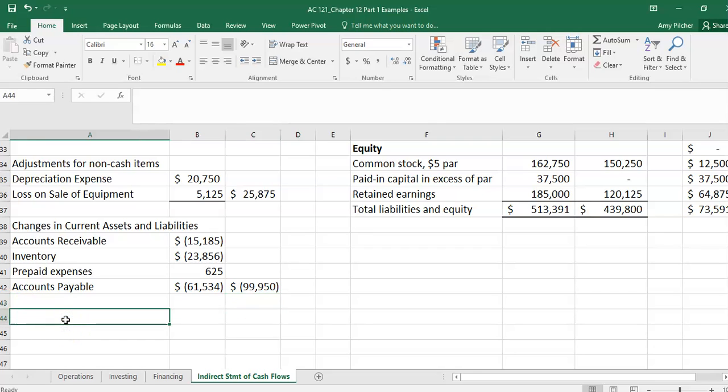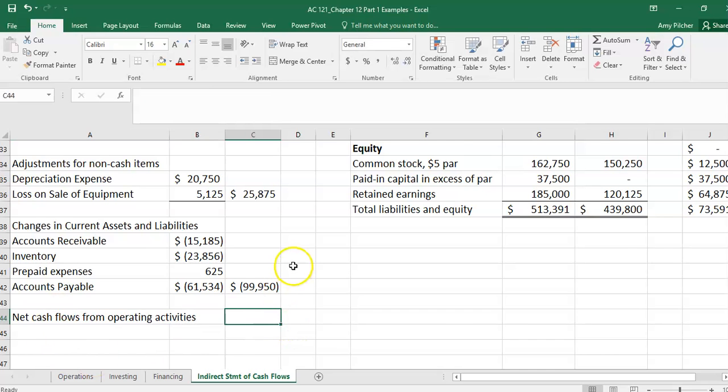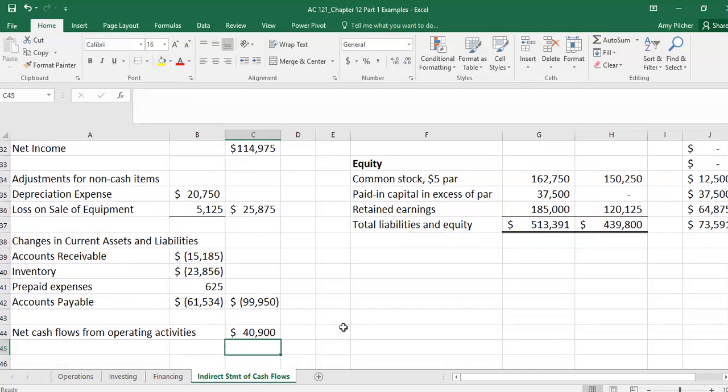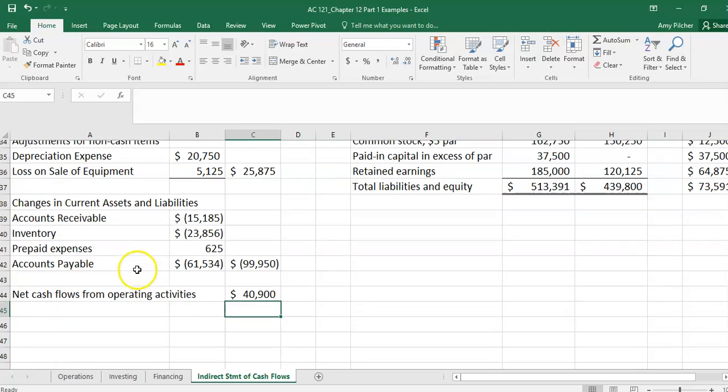And then we have our net cash flows from operating activities. We add net income plus the non-cash changes plus the changes in current assets and liabilities to get our net cash flows from operating activities.